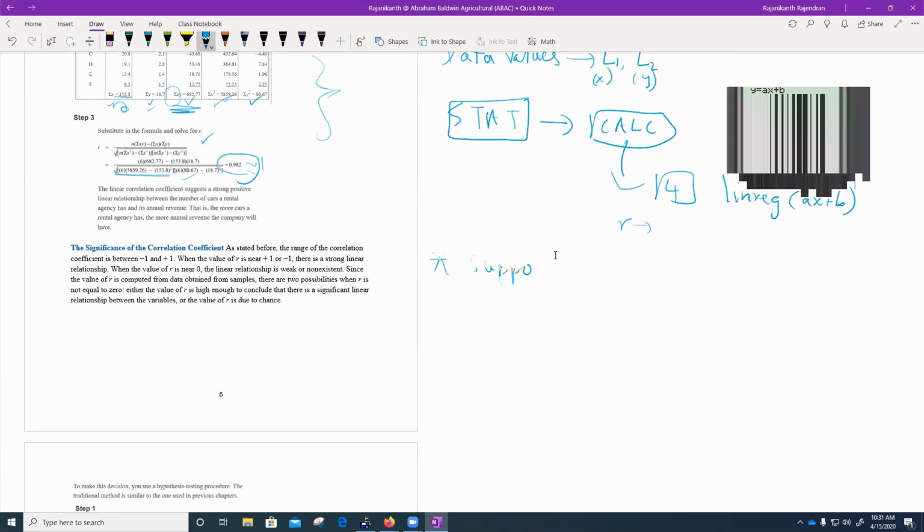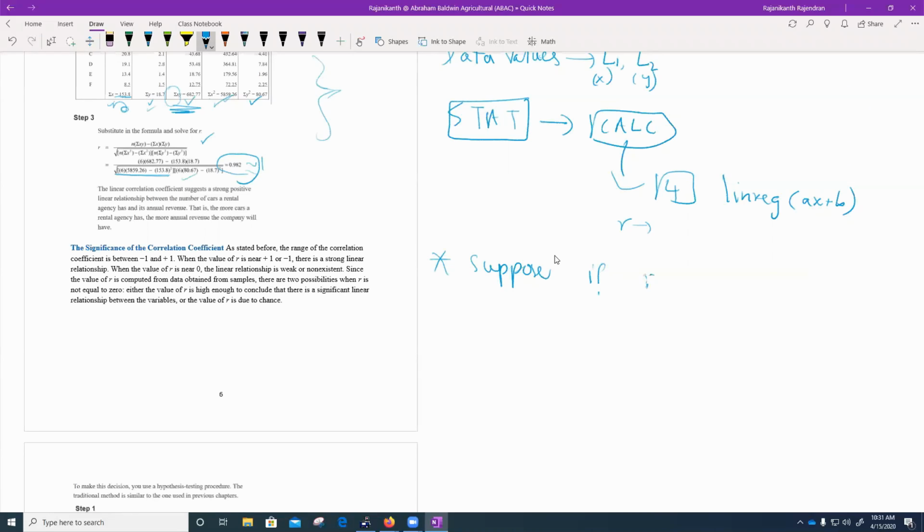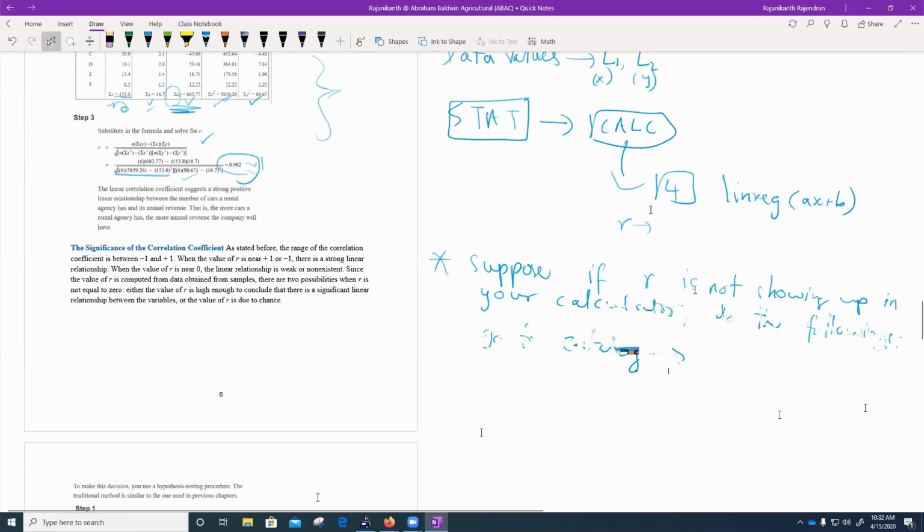Suppose R is not showing up, then do the following. Okay, so go to catalog. I will show you that.